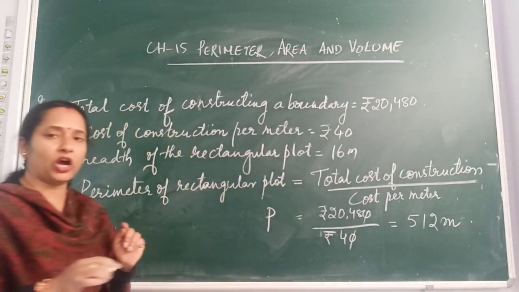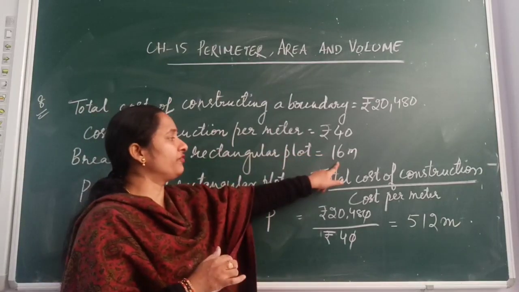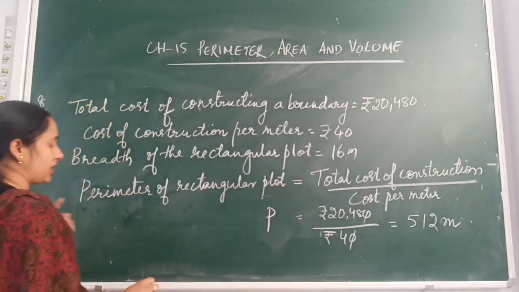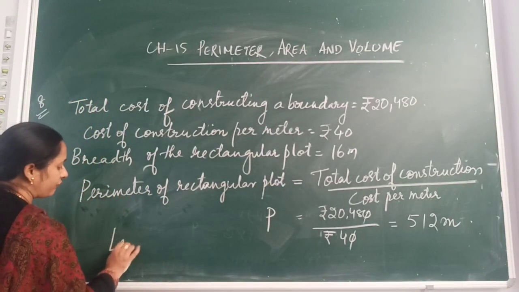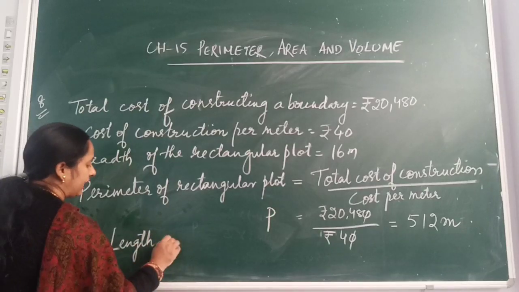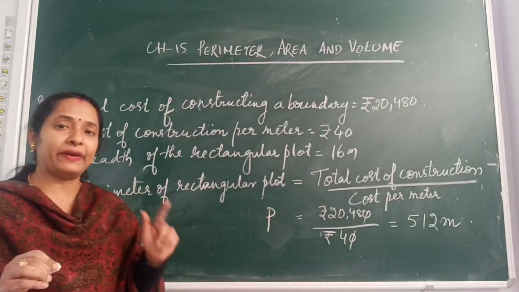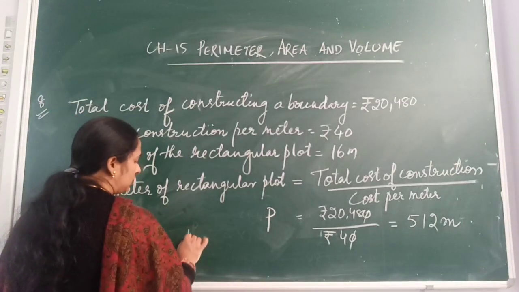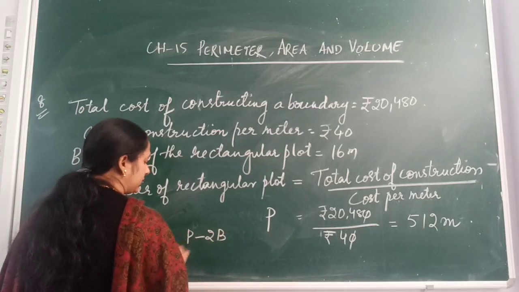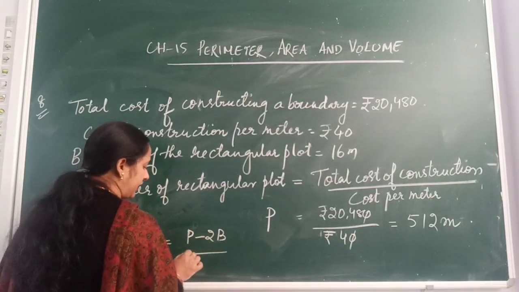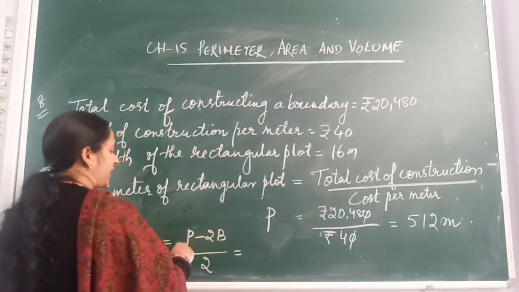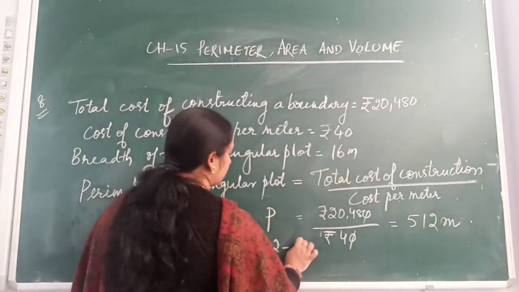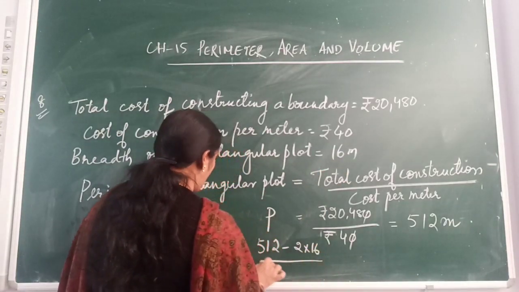Now, here we have the perimeter of the rectangular plot, as well as the breadth of the rectangular plot. Then what do we need to find? We are asked to find the length of the rectangular plot. Already I have given you the formula for finding the length of any rectangle when the breadth and perimeter are given. Simply you have to subtract twice the breadth from the perimeter and divide it by 2. So just put the values here: 512 minus twice the breadth, 2 multiplied by 16, whole divided by 2.